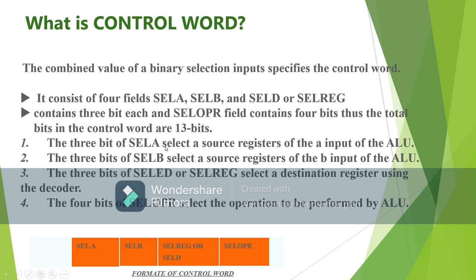The 3-bit of select A select a source register of the input of the ALU, and the select B also selects the source register of the B input of the ALU, and the 3 bits of select D or select register select a destination register using the decoder and where the result of this arithmetic or logical operation is stored. The 4 bits of select OPR means operation select. It selects the operation to be performed by ALU, means whether you need to perform addition, subtraction, or some logical operation that can be selected by this select OPR.